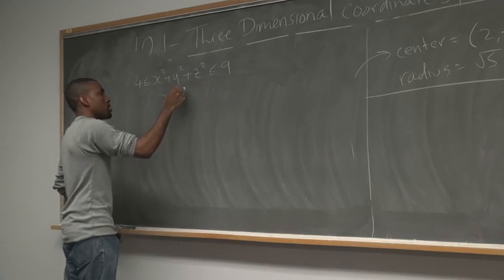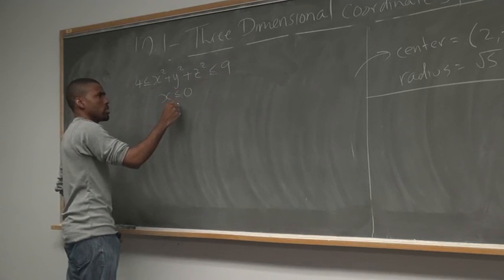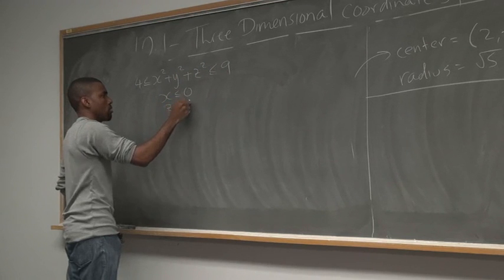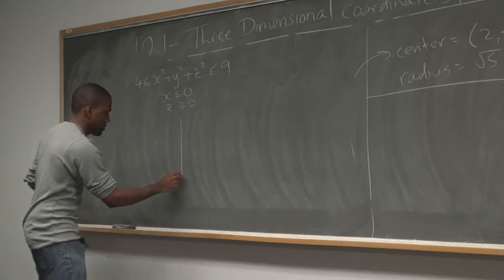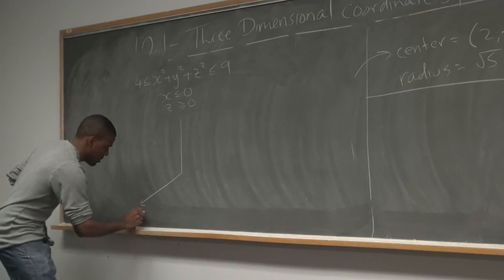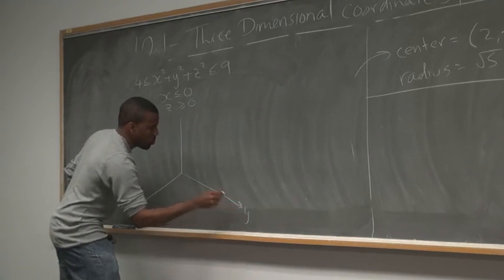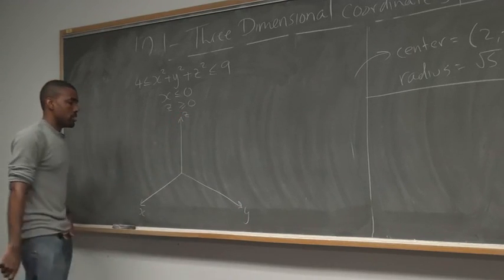Here I want the x to be less than or equal to 0, z to be, did I say greater than or less than? That's the x, that's the y, that's the z.